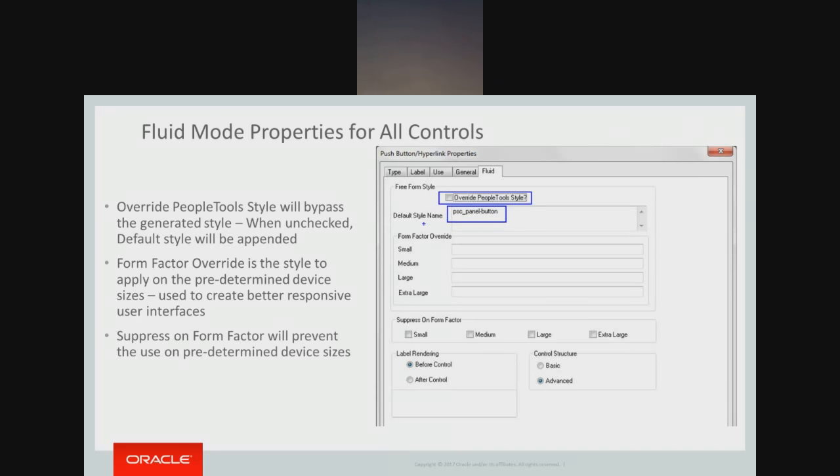Another thing is if for some reason as you're developing fluid pages, you find that something doesn't render quite the way you would expect on a mobile device, and it's a page that you feel needs to render differently, you have the ability to have a default style, but then override that style based off of what type of device the end user has.